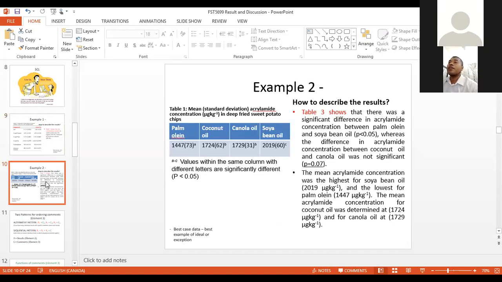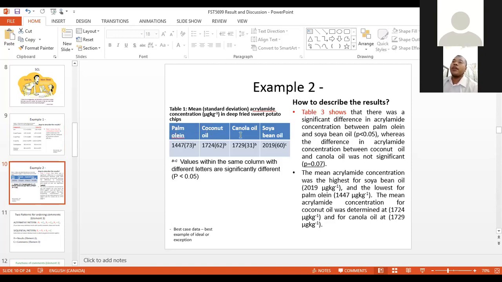So this is an example of another way to write the table. They have the type of oil, and then they have the title on the top, and they say that means in brackets standard deviations, acrylamide concentrations in microgram per kilogram in deep fried sweet potato chips using different types of oil, right?